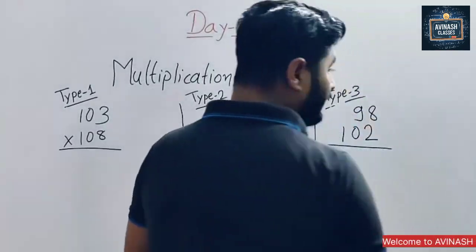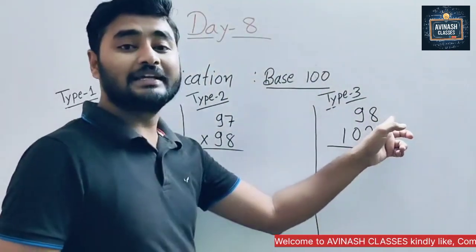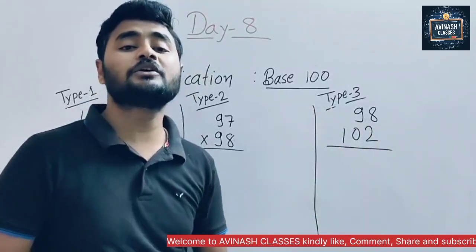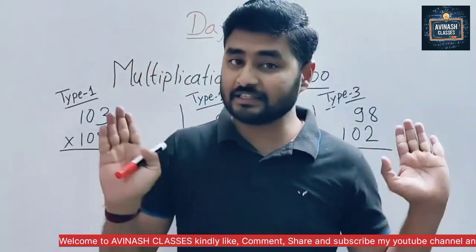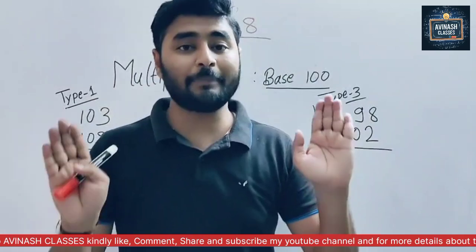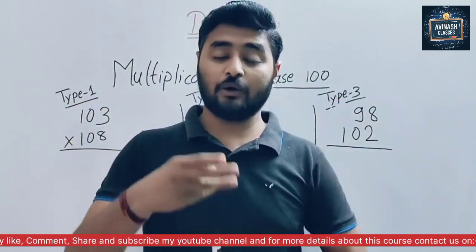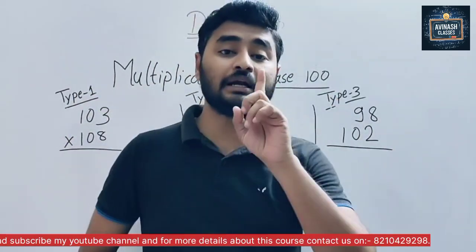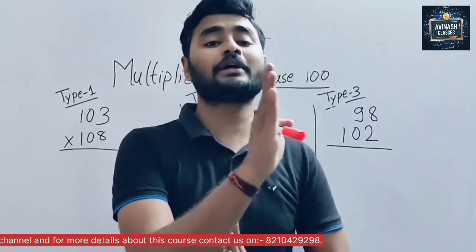And in type 3, one number is less than 100 and the other number is more than 100. So we understand the three types of question. Today we practice these three types, and once we learn them, our level 1 book is going to be complete.